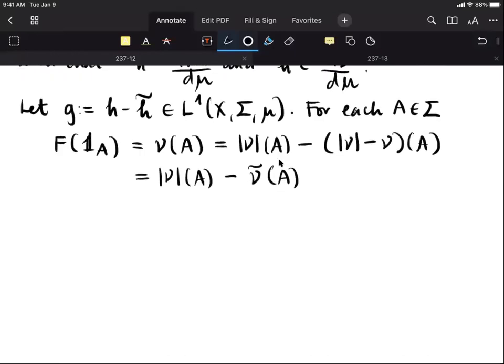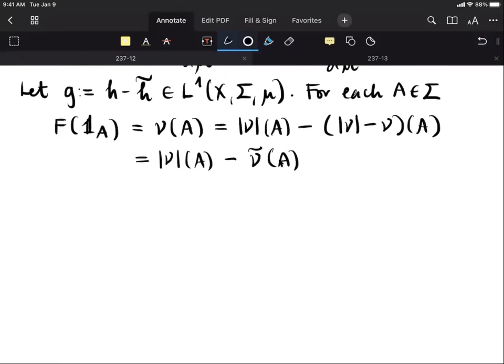And this is by the definition of nu tilde. The Radon-Nikodym theorem implies that this is the same as the integral of h times the characteristic function of A d mu minus the integral of h tilde.